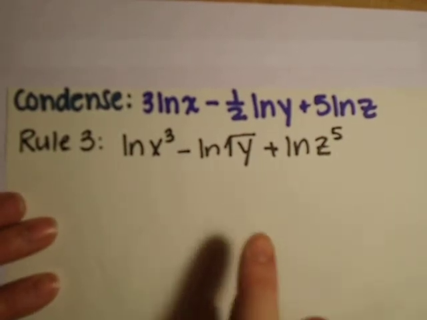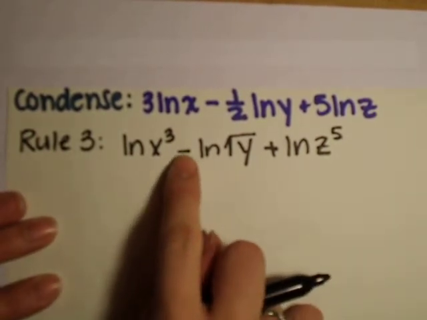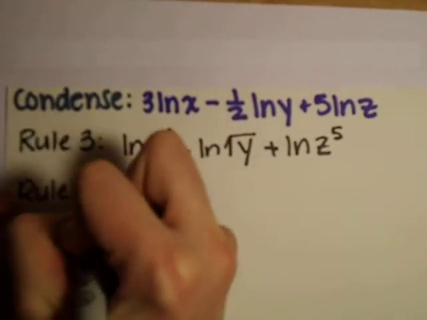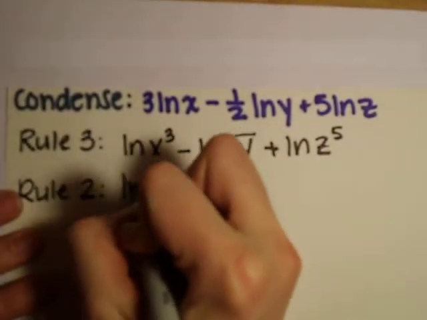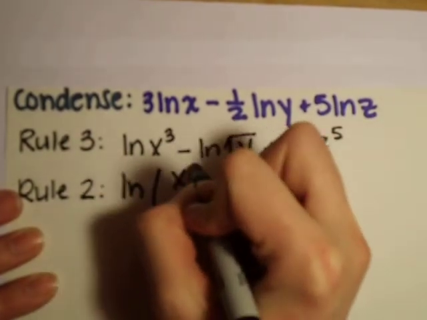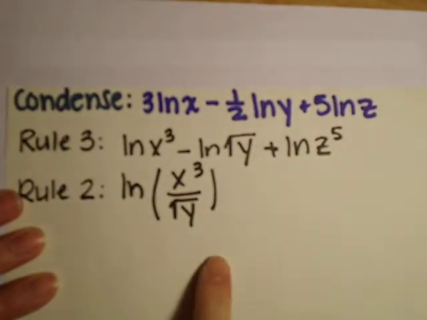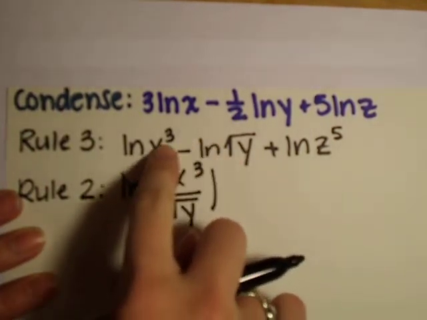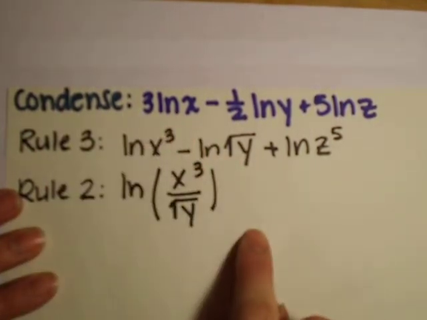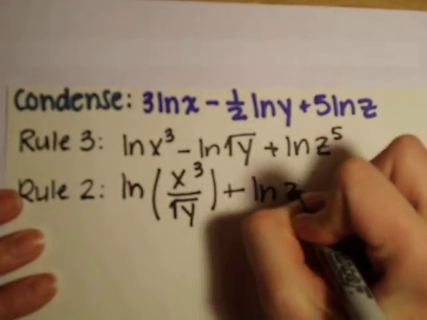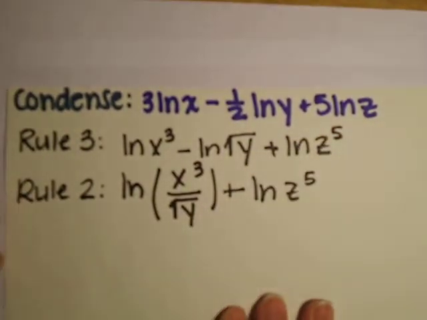Now we can use rule 2. This is our quotient rule since we have this subtraction here. So we'll be left with the natural log of x cubed all over square root of y. Remember, to combine them, the terms that you're taking the natural log of will be divided. And we also have our natural log of z to the 5th being added.